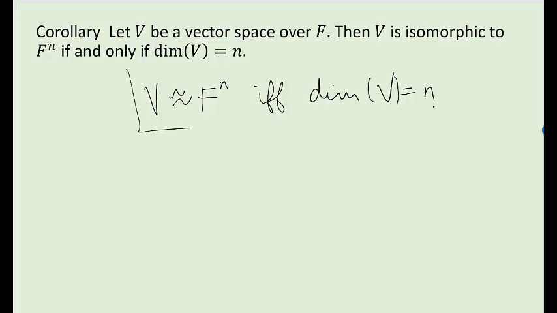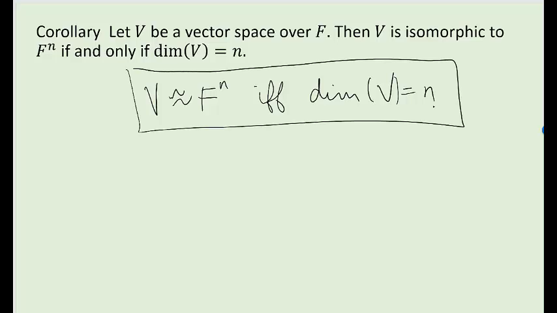This is very important. It allows us to study finite dimensional vector spaces from the standpoint of these coordinate vectors in Fn, instead of abstract vector spaces such as polynomial functions and matrices, etc.